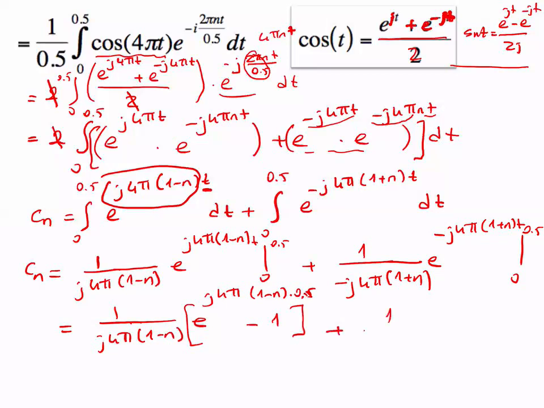Plus 1 over minus j 4 pi (1 plus n) e to the power minus j 4 pi (1 plus n) times 0.5 minus 1.